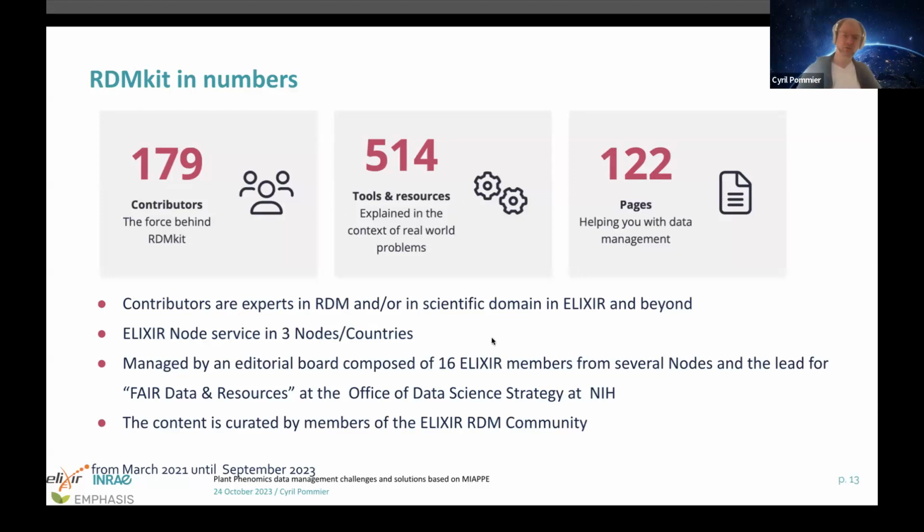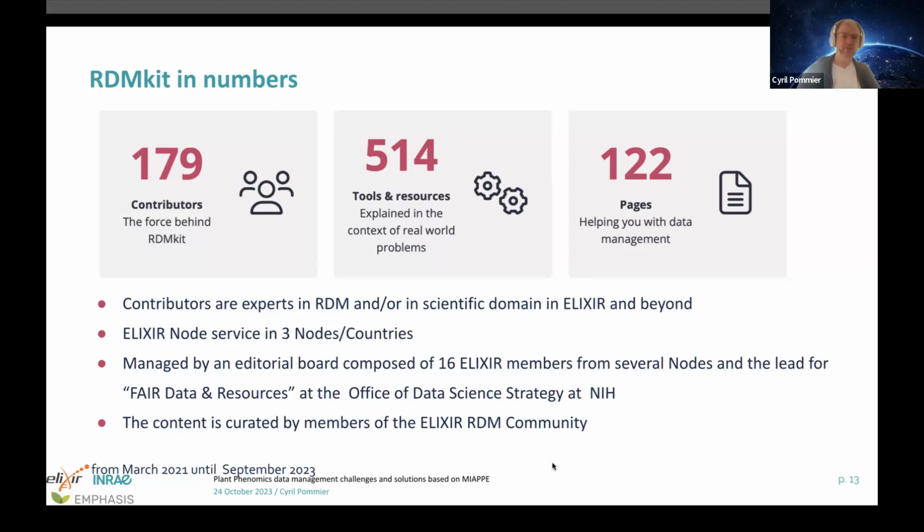There has been contribution from EMPHASIS as well as from other research infrastructures. It's managed by an editorial board composed of 16 ELIXIR members from several nodes and the lead for the FAIR data resource at the Office of Data Science Strategy at NIH. So it's already both a US and European project.